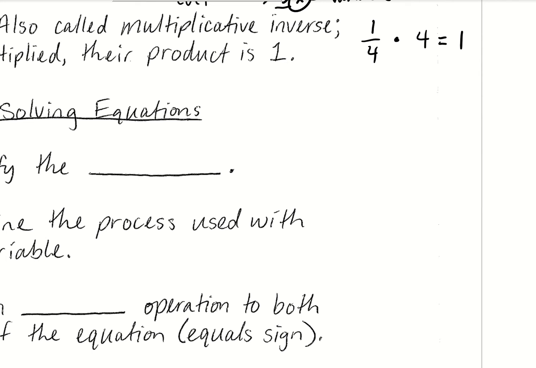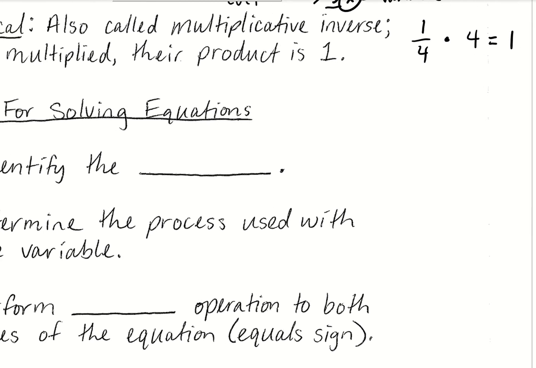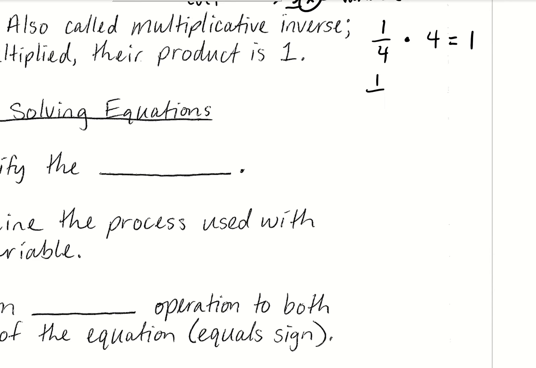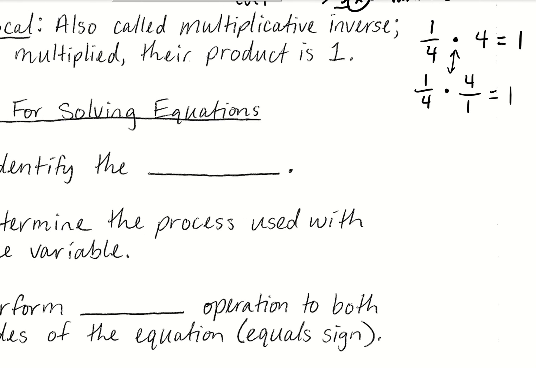One really good way to tell if something is a reciprocal is if you put them both in fraction form, the top and the bottom will be flipped, right? So 4 is the same thing as 4/1. So you just flip the top and the bottom. You're going to get your reciprocal.